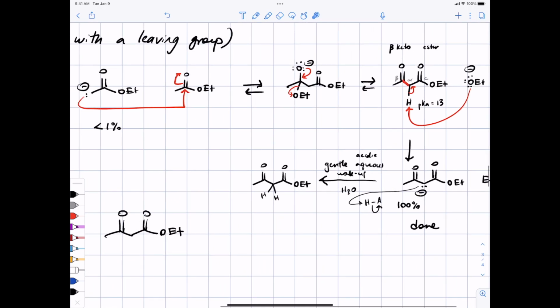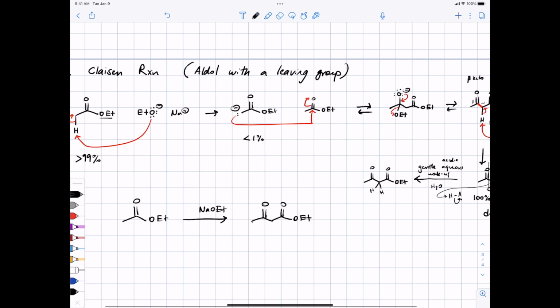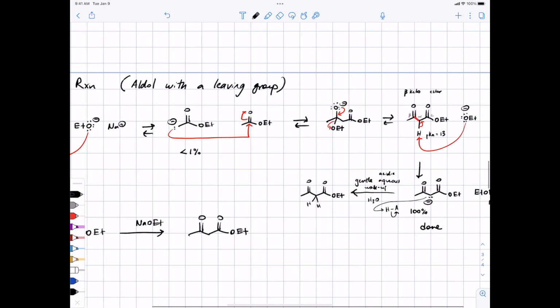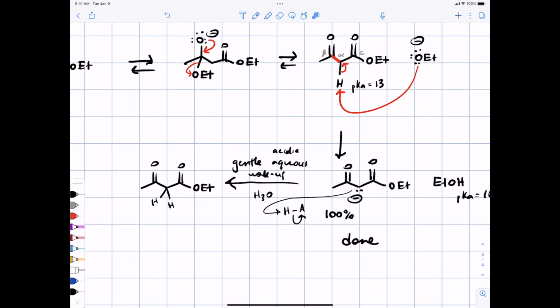If you have a bunch of reversible steps followed by an irreversible one, Le Chatelier's principle is going to take you all the way to the irreversible one. Yeah. And so the irreversible one takes you to the negatively charged one, so you're not going to go backwards. Then once the reaction's done, you can gently protonate it.